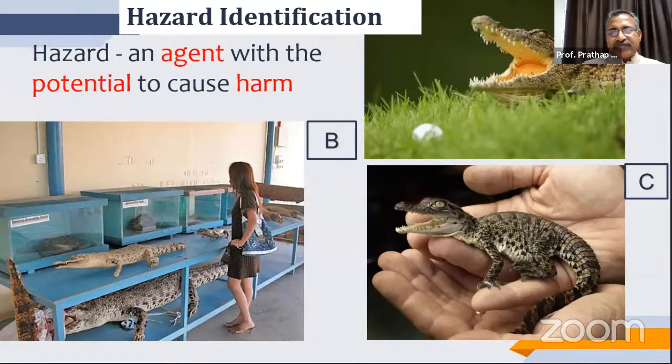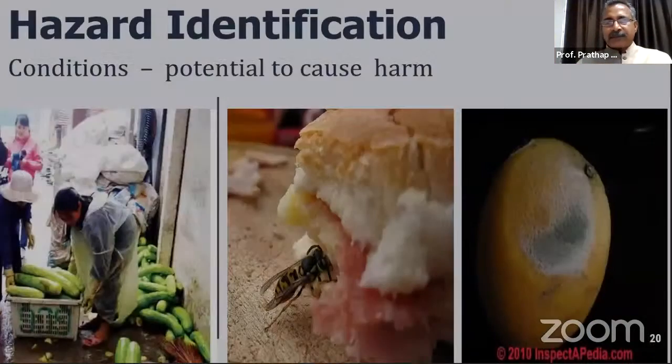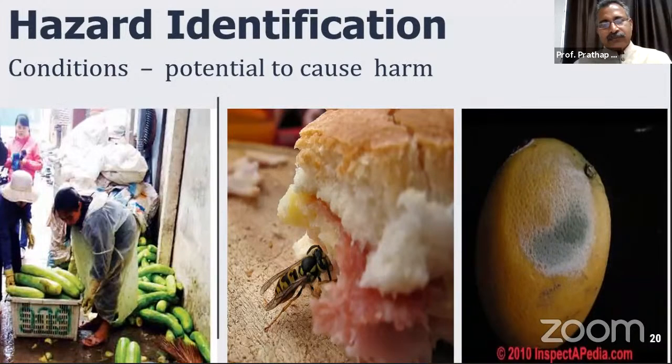But now, when you see this, none of them can actually cause harm except A, which is the real crocodile. Therefore, the actual hazard, when it has the capacity to expose you, is what can become a risk.